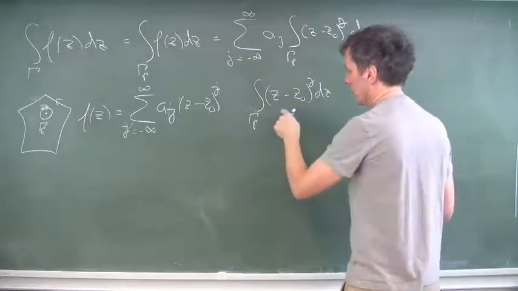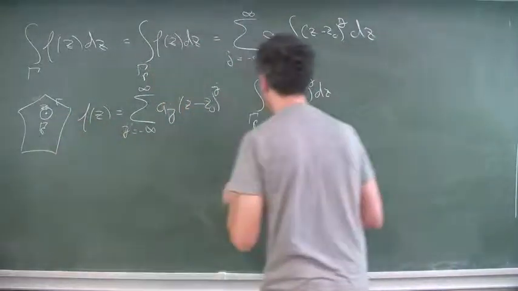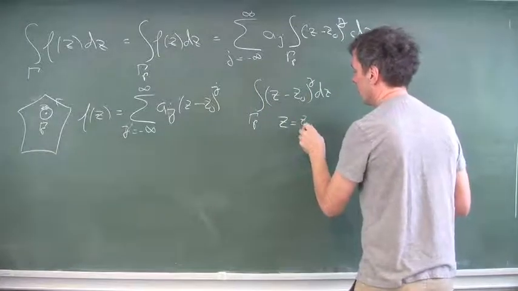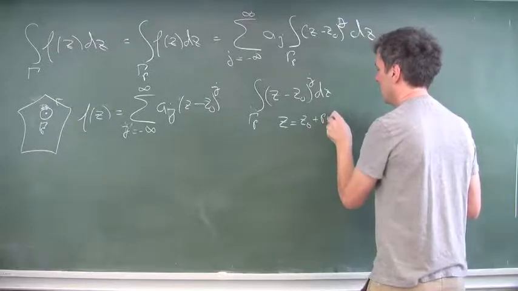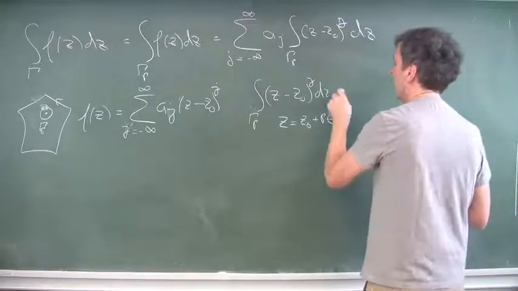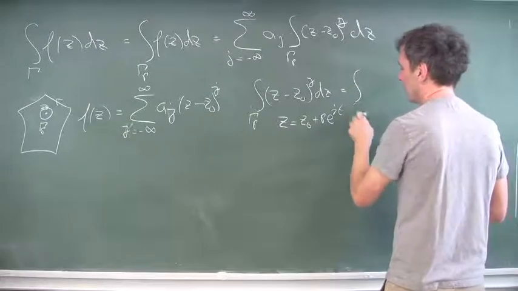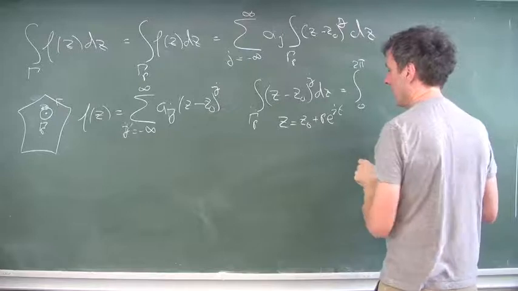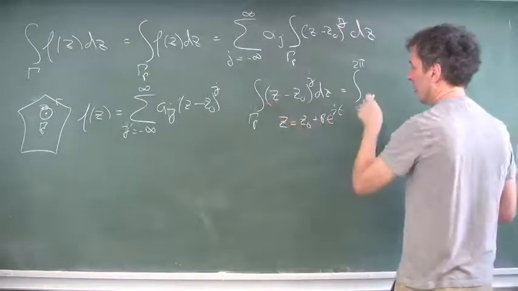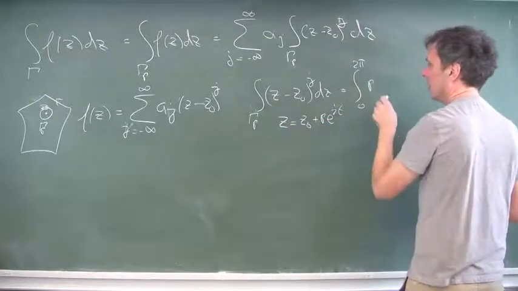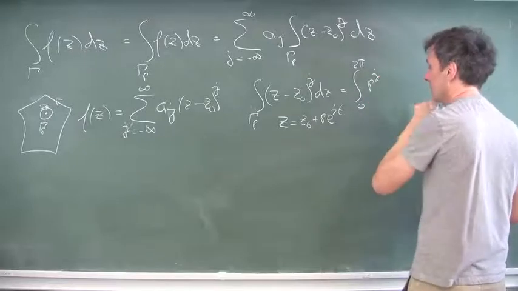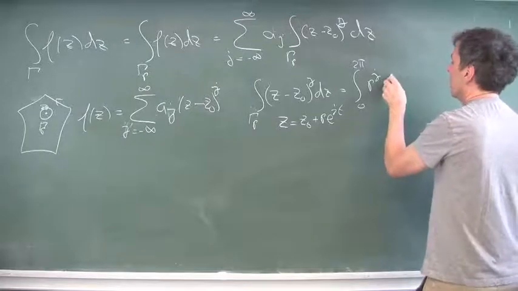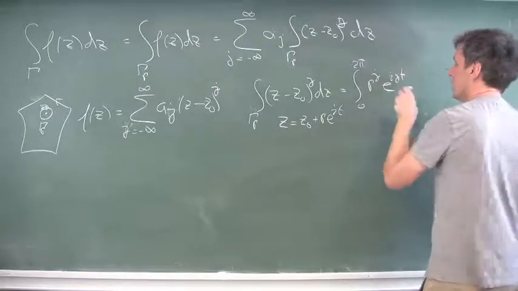So the idea is that once we have a circle here with radius r, you can parameterize by putting z equal to z0 plus r times e to the it. And then this integral becomes the integral from 0 to 2 pi. And this expression now becomes r to the j and e to the ijt.